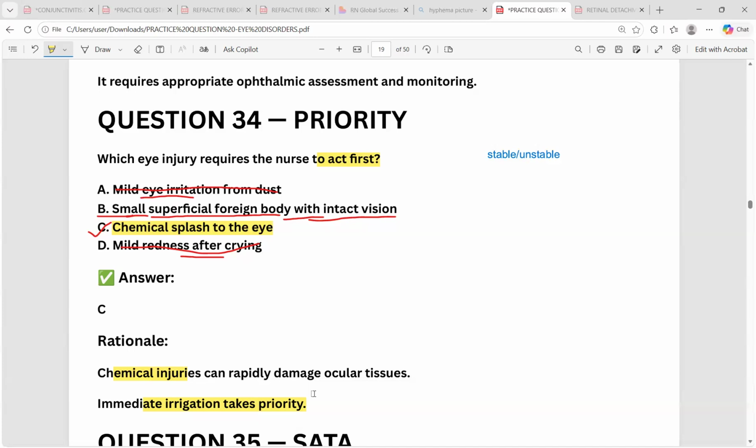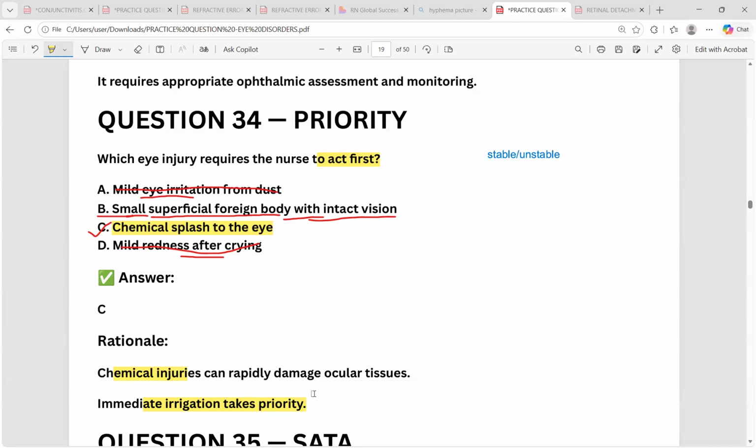So we need to minimize the complication. That should be our priority, because in the NCLEX mostly the questions will be assessing your ability to work as a safe RN. Safe RN means to promote the life of the patient, to promote the safety of the client, to prevent complication, and to minimize the injury. These should be your focus.